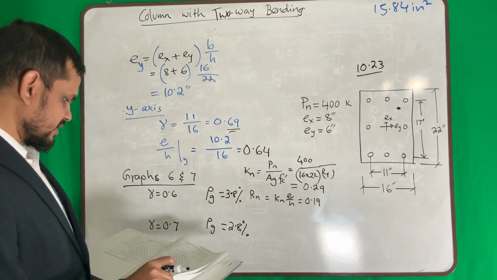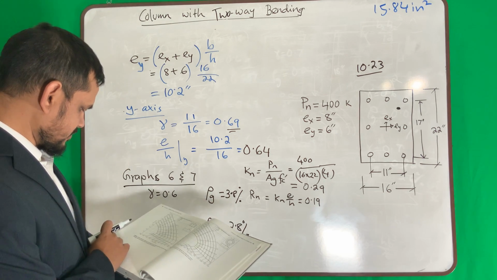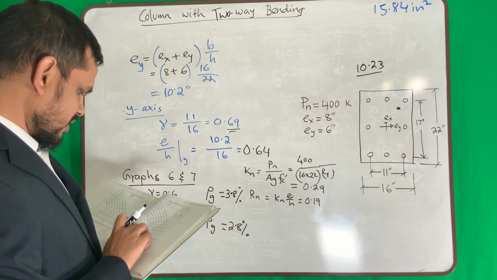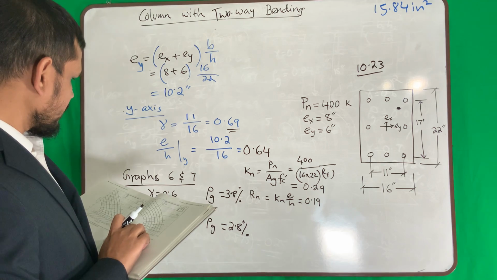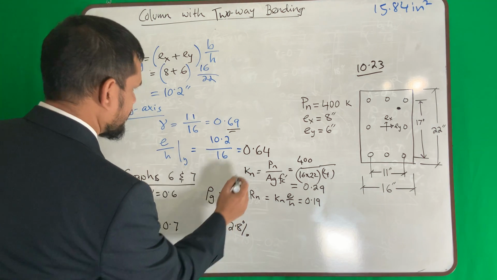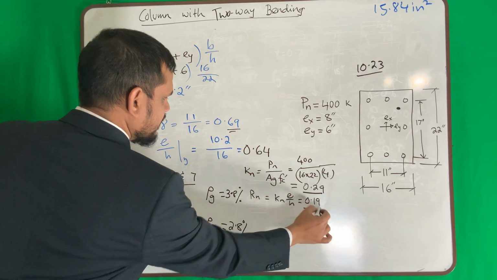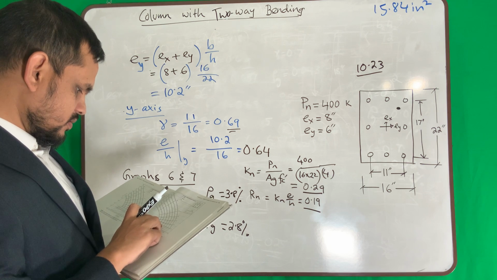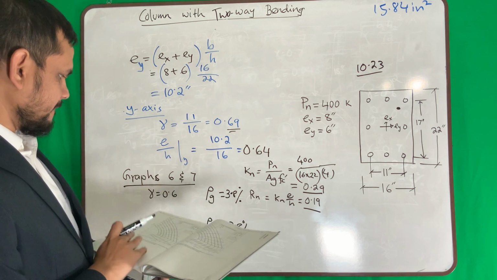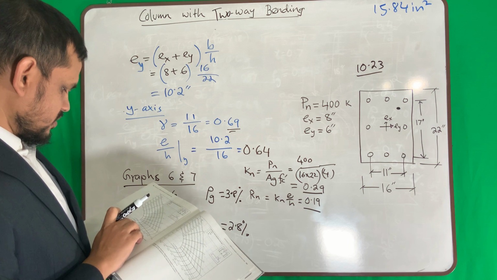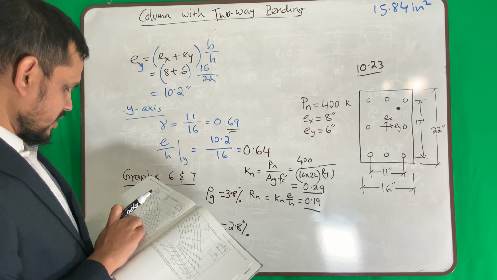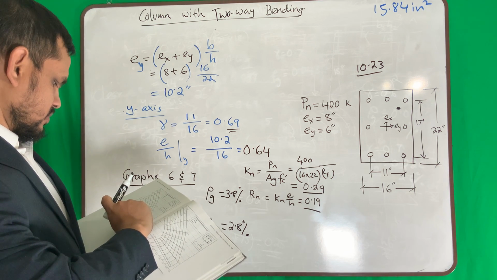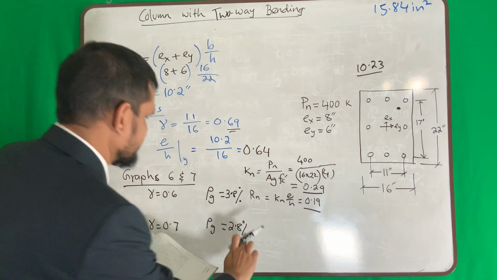So what about 0.6? Or am I using the wrong chart? No, right side. So 0.29, 0.19. Okay, check one more time. 3.5. 0.6. So I got here 2.4 actually, yes.